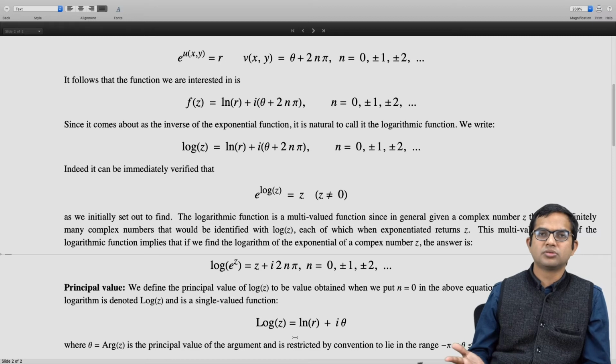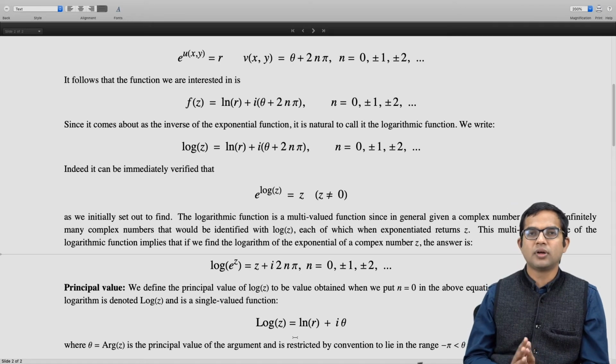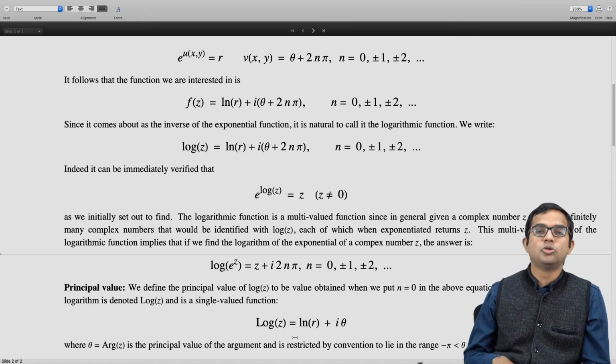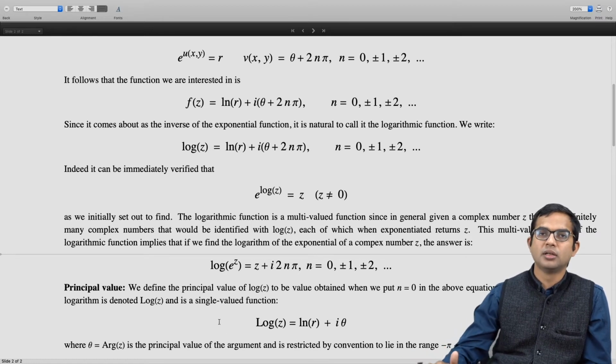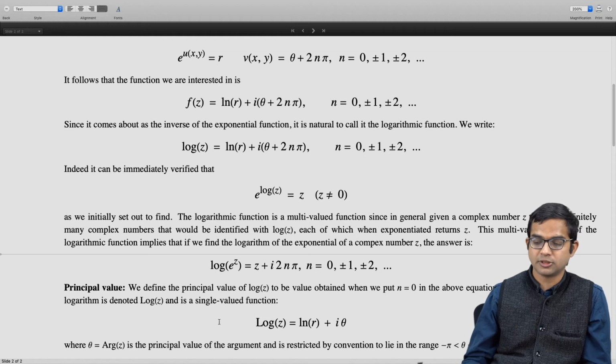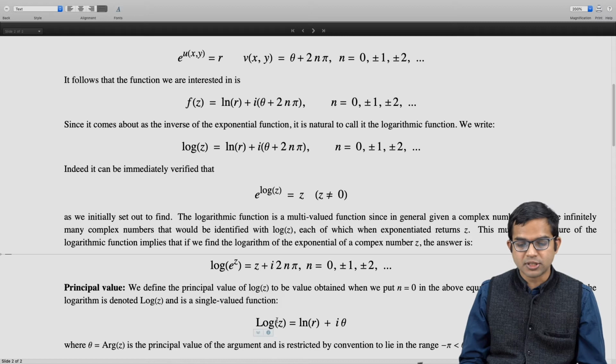In general, of course, it can range from any alpha to alpha plus 2 pi, but it's convenient for us to choose this so-called branch to lie between minus pi and plus pi, when we're thinking about the principal value.